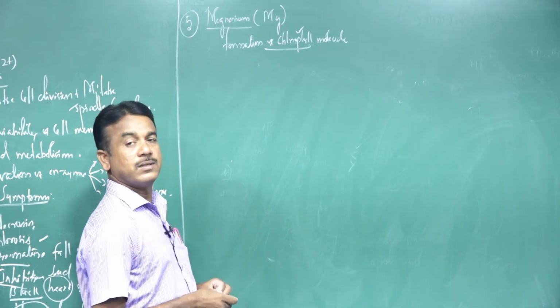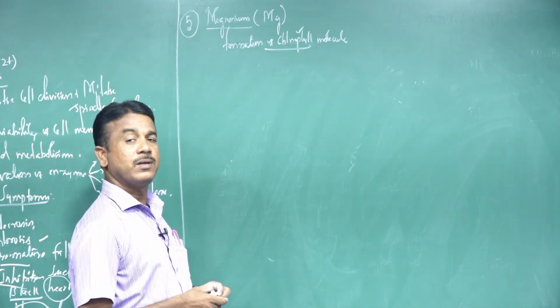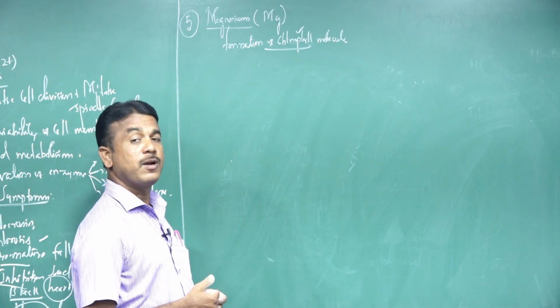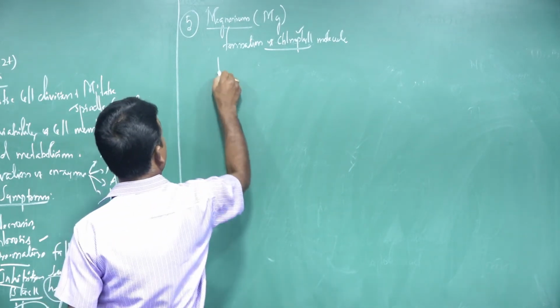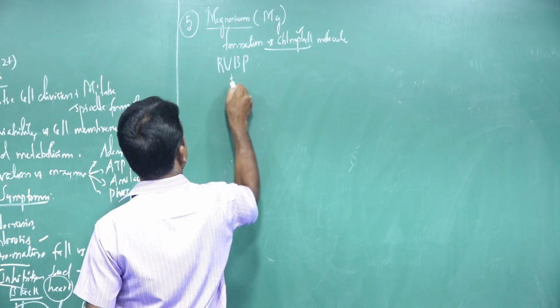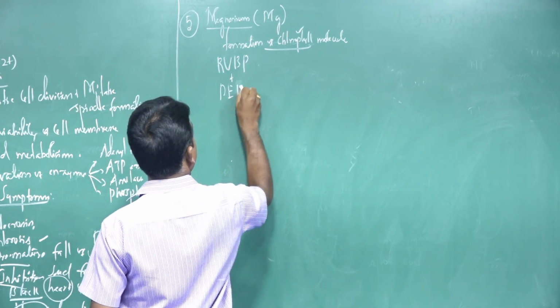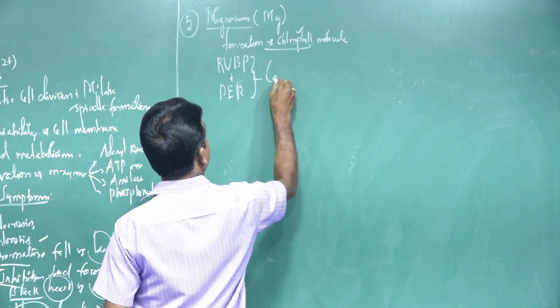In addition, magnesium is the activator of enzymes in carbohydrate metabolism, commonly called RuBP and PEP carboxylase.